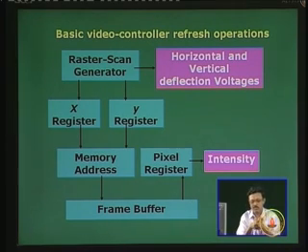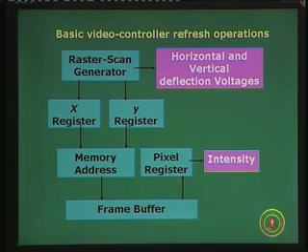So, at each point you must know where the beam should go, automatically the video controller will do that, and at any point of contact with the screen, the video controller must know whether the electron beam must be switched on or it should remain off, and if it is to be switched on, with how much intensity, what should be the strength of the electron beam such that the desired intensity level which is in the frame buffer for the corresponding pixel.